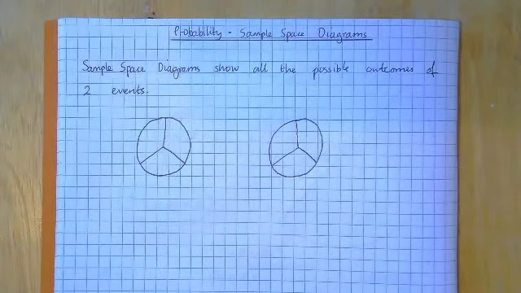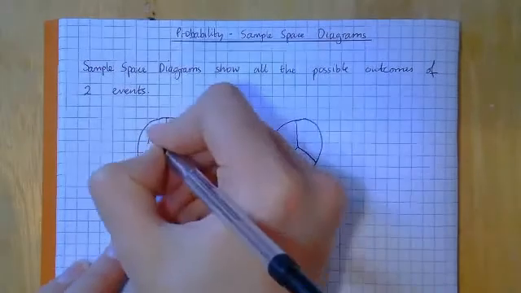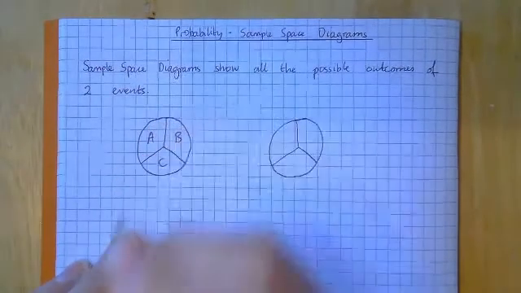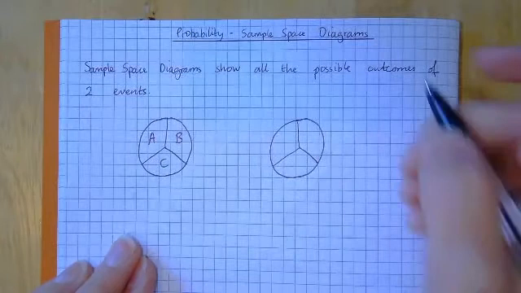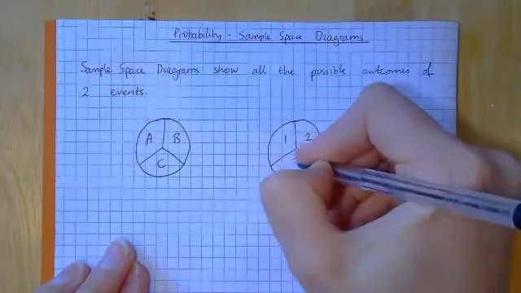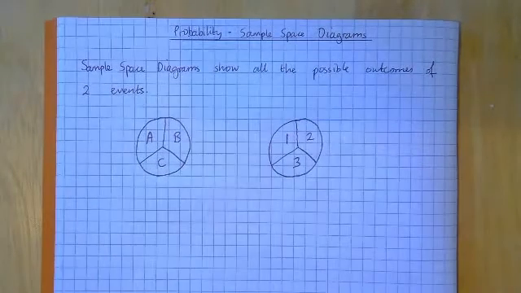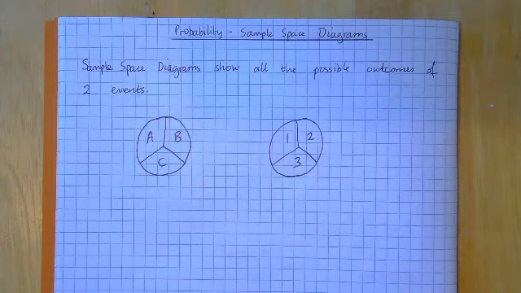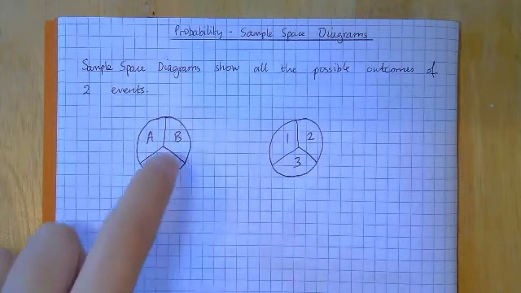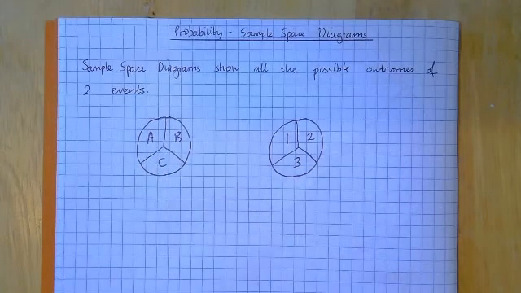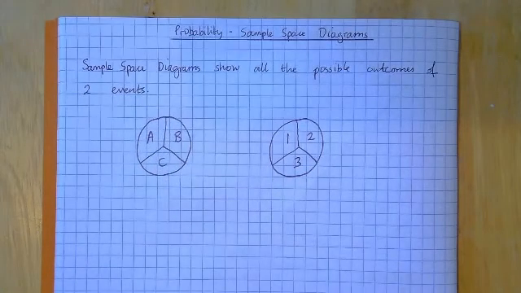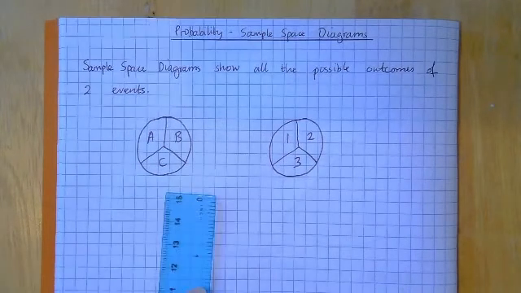On this spinner, I'm going to write A, B, and C. Doesn't matter which order you've put them in. And on this spinner, I'm going to have 1, 2, 3. So we're going to spin both spinners and we're going to write down what we get. So we might get a B and a 3, or we might get a C and a 1. Okay, and we're going to draw ourselves a sample space diagram to show all the possible outcomes.